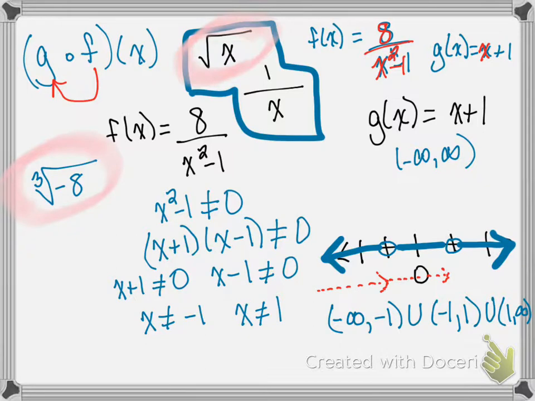The blue, that is a cubed root. In cubed roots, negatives are okay. So I'm going to write cubed root, and that's what makes it a cubed root right there, that 3. Cubed root, negatives.